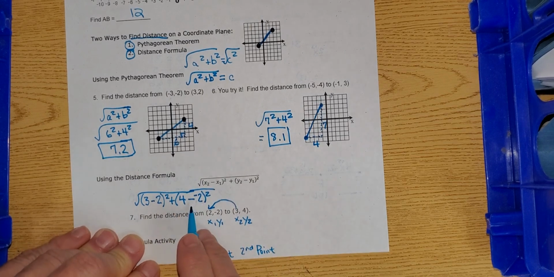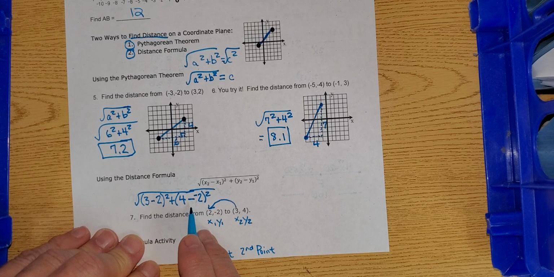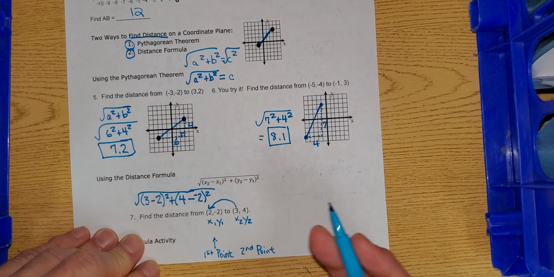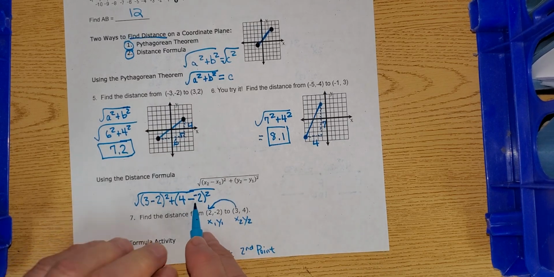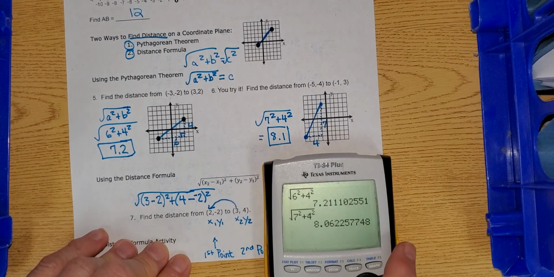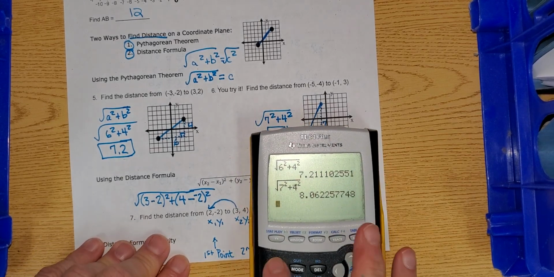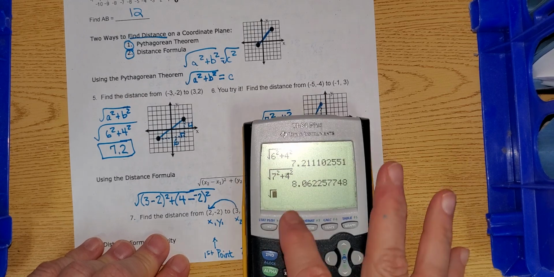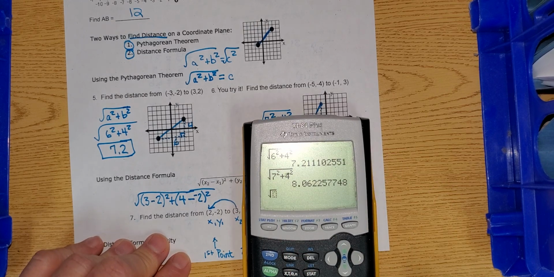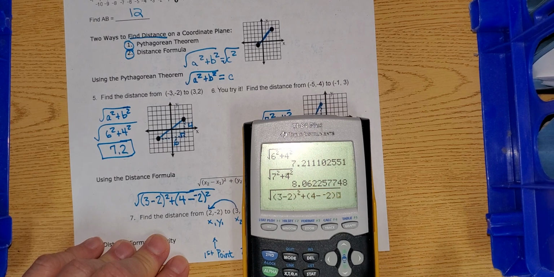I can actually put this in just like this into the calculator and have it work. Or minus a minus is plus, so I would have 4 plus 2 here. But I'll just go ahead and punch it in just like I wrote it. So I'm going to say second x squared, which gives me the square root, and then I put the parenthesis, then I say 3 minus 2, parenthesis x squared, plus parenthesis 4 minus a -2, parenthesis x squared, and everything's in there.